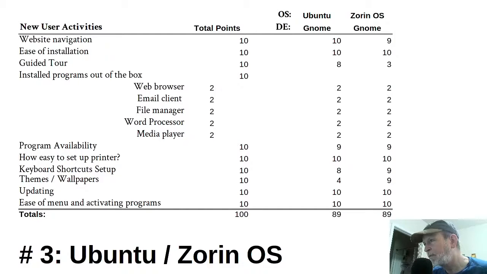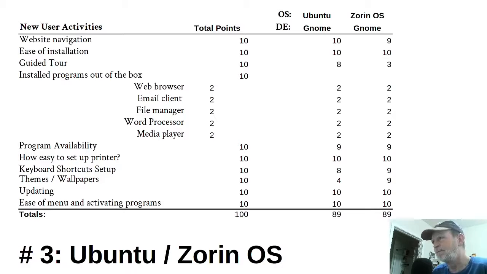Updating and ease of menu and activating programs was 10 on both. So Ubuntu got hurt on the theming and wallpapers, and Zorin got hurt on the guided tour issue. Otherwise, they were pretty much even Steven. Obviously, they came out even on the points.